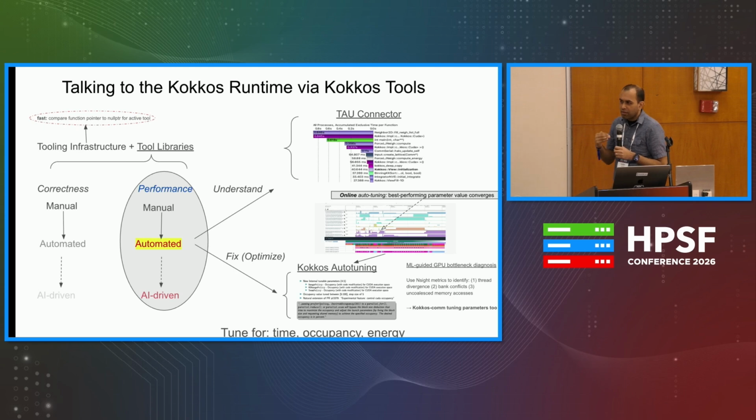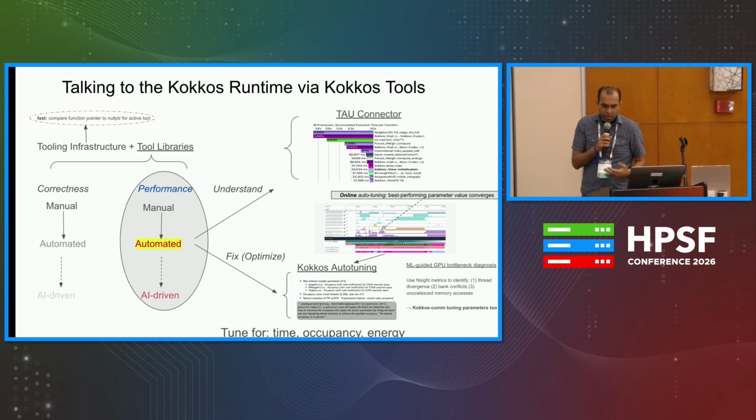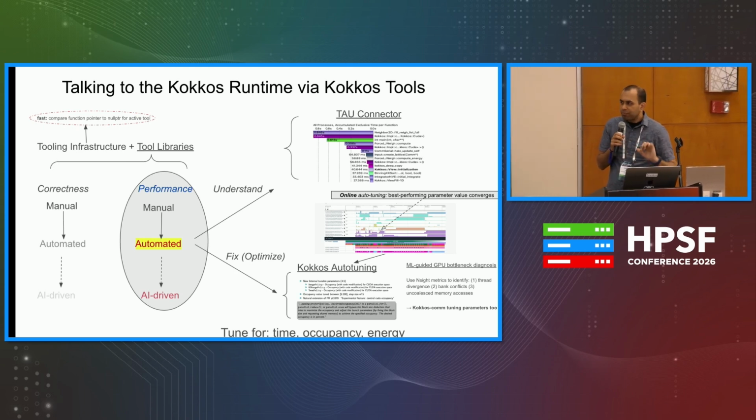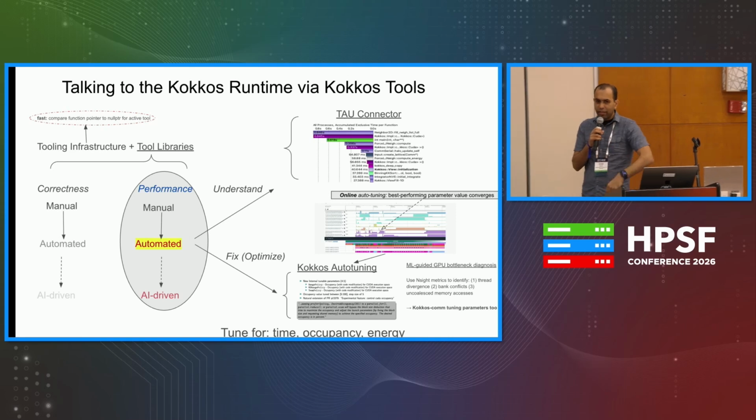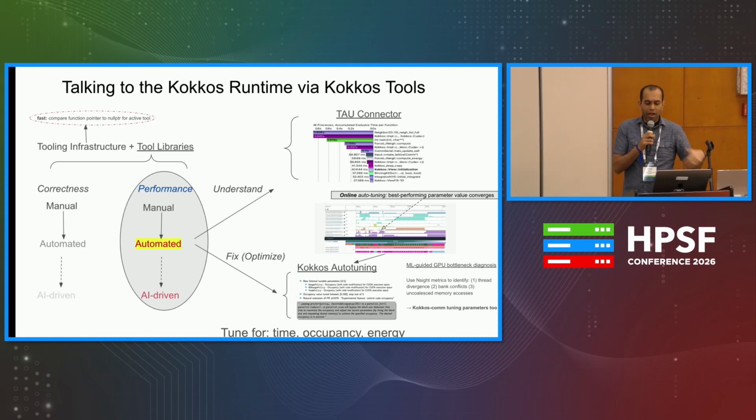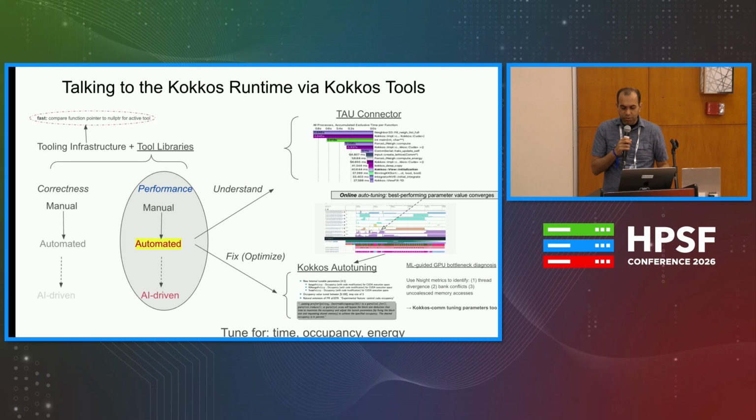And then there's a set of tools that are automated. The category of tools that are automated actually do something. They actually fix the Kokkos application at runtime. And that is where auto tuning comes into play.